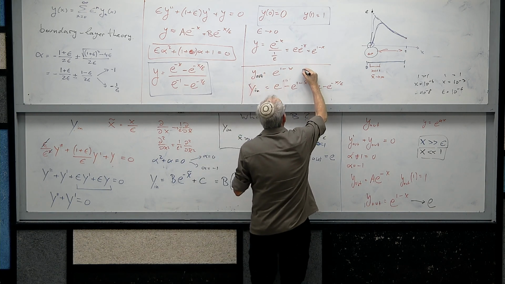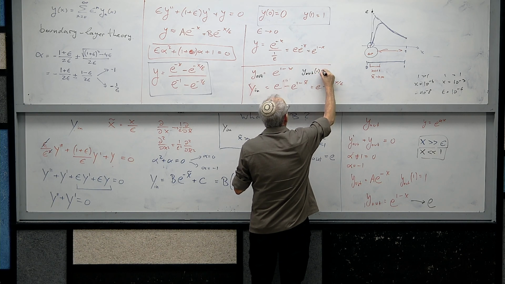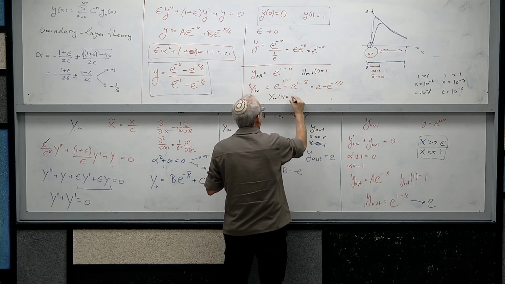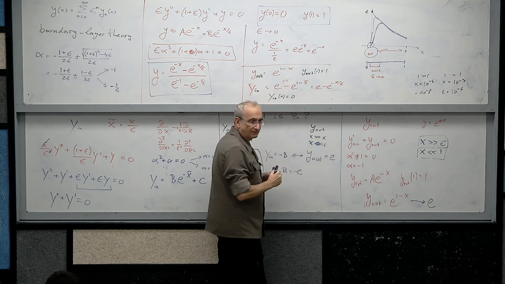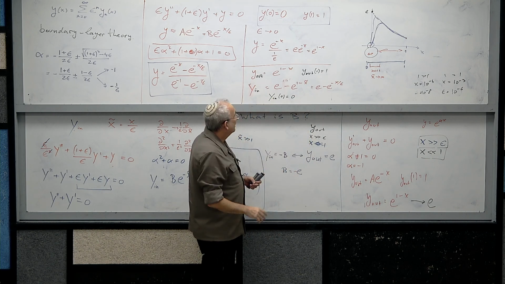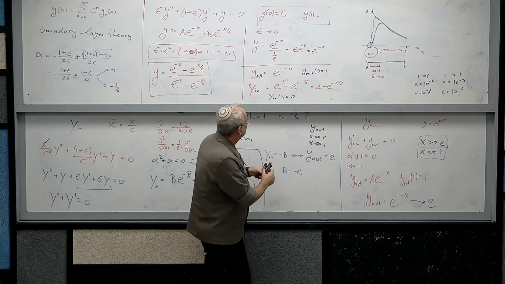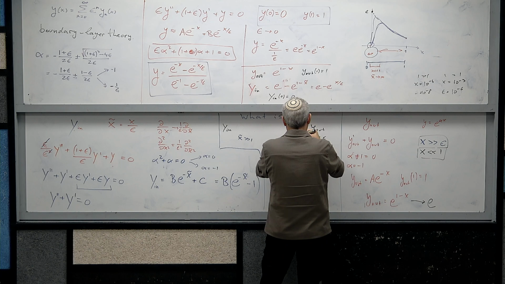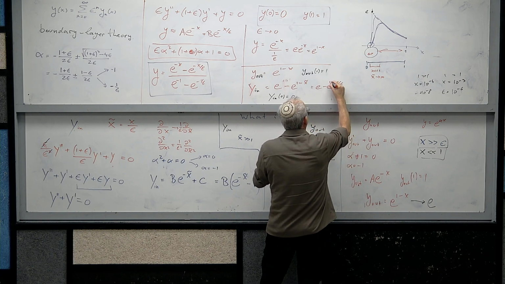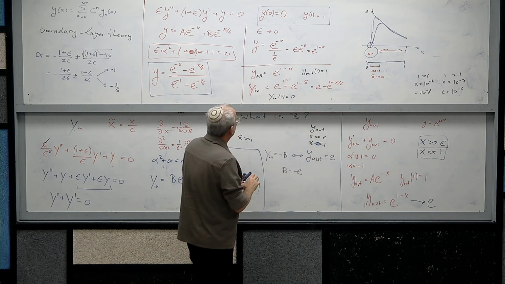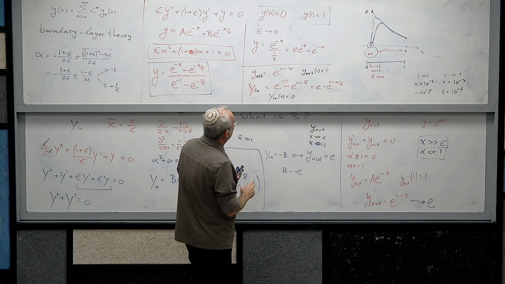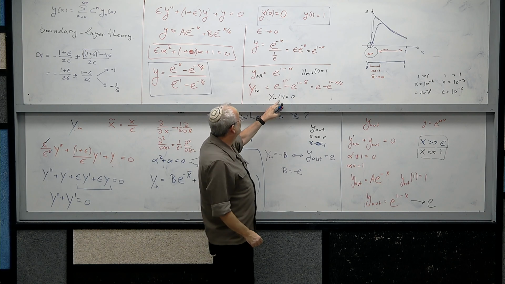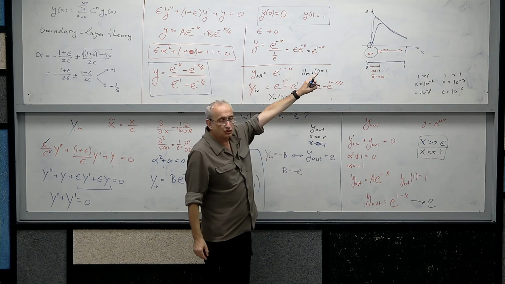So y out of 1 is 1, and y in of 0 is 0. When x equals 0, I have e minus e. Yes, so y in of 0 is 0.